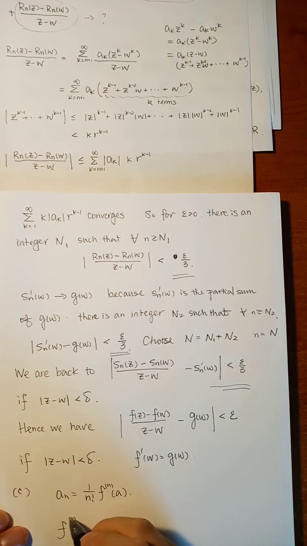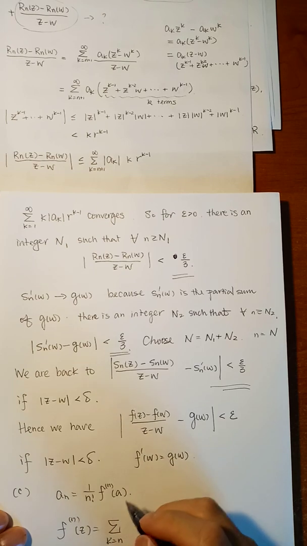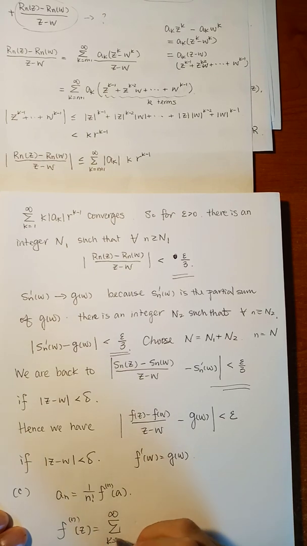Well, you see, first of all, the nth derivative, how do I write it? I don't want to make, okay, n equal to k, not k equal to n.